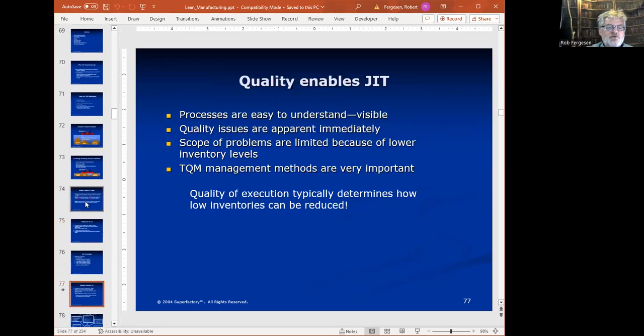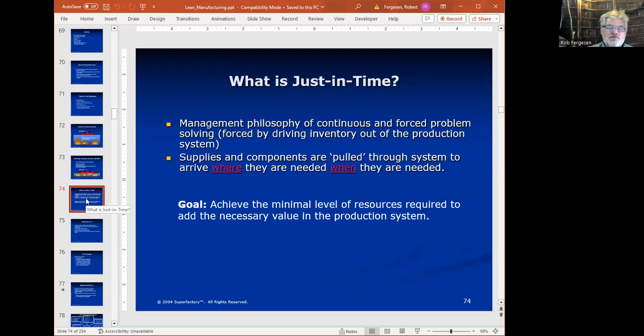So just in time is a whole concept that came out of Japan. The idea that the parts only show up when they're needed. And believe me, I've seen this in operation very, very successfully. A great example is Harley-Davidson in York.